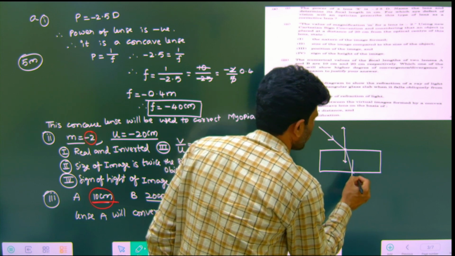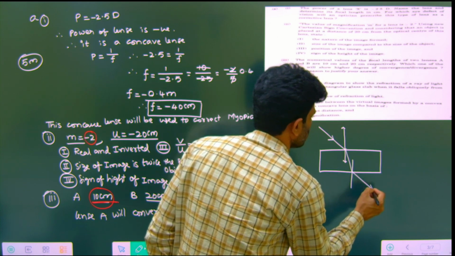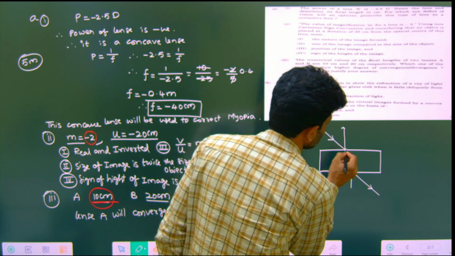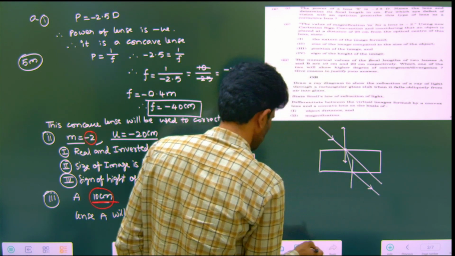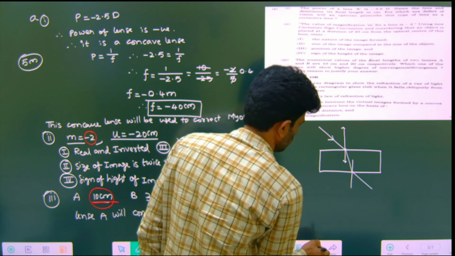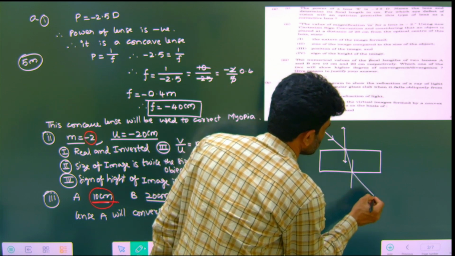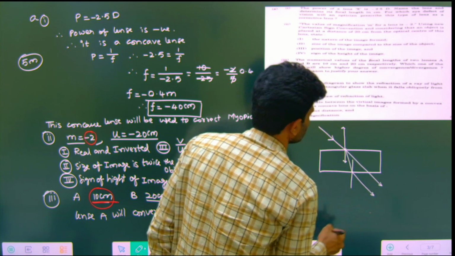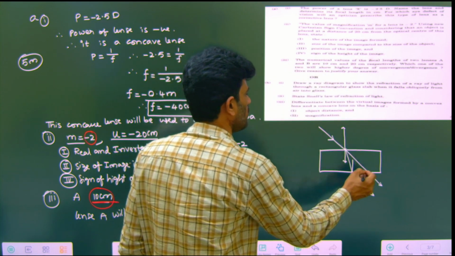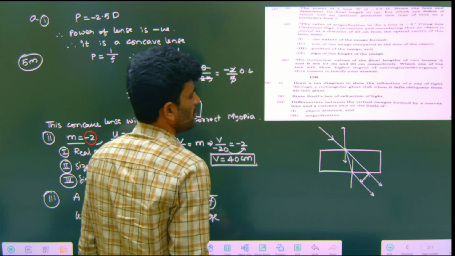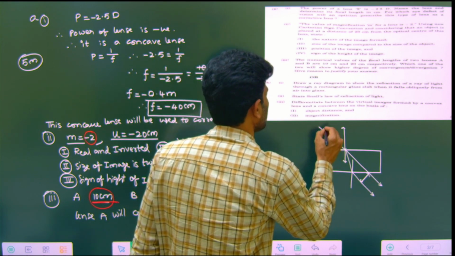Now it moves away from the normal like this. If we extend this, the incident ray and this emergent ray will be parallel to each other, and this we will call lateral displacement.